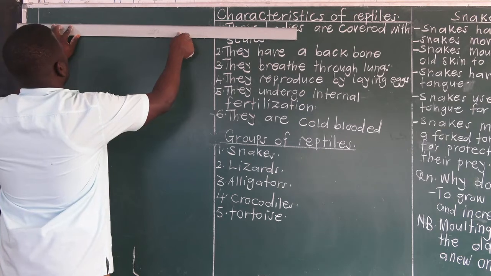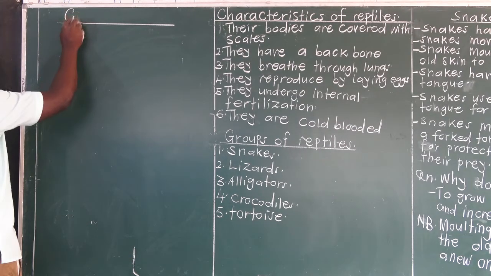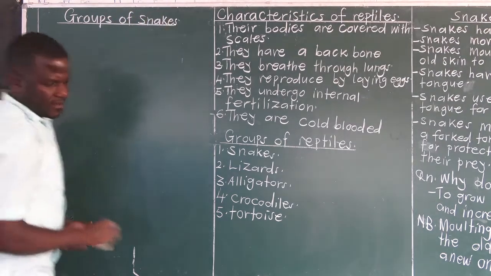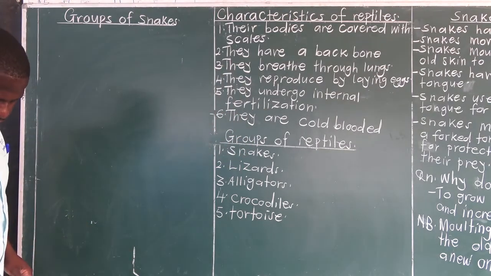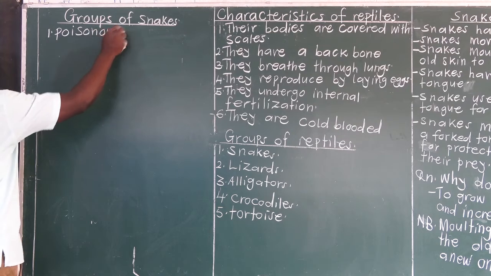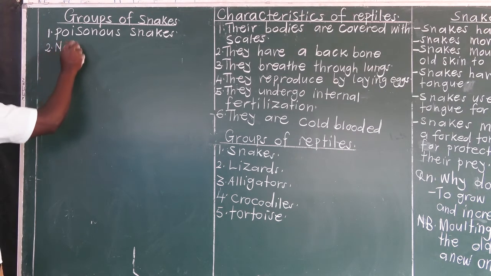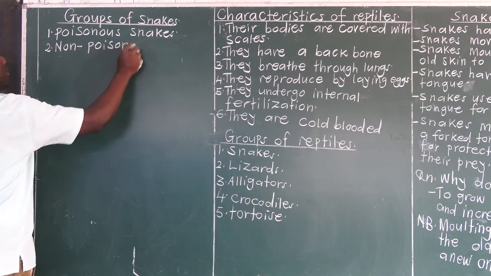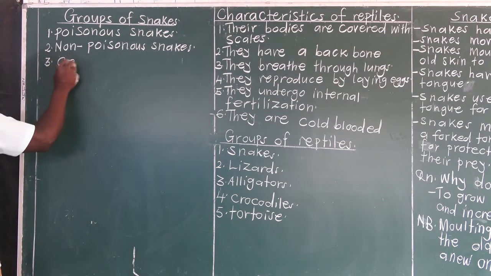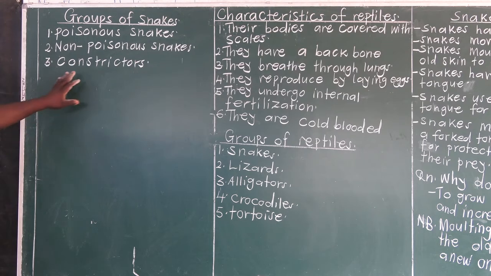Number two, non-poisonous snakes. Number three, we have constrictors. These are the three groups of snakes.